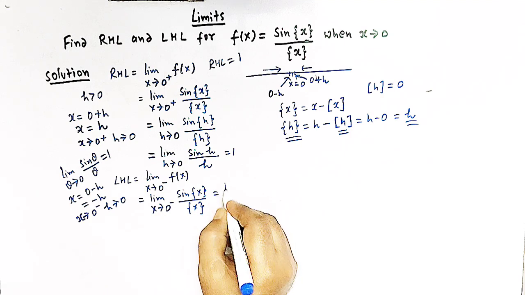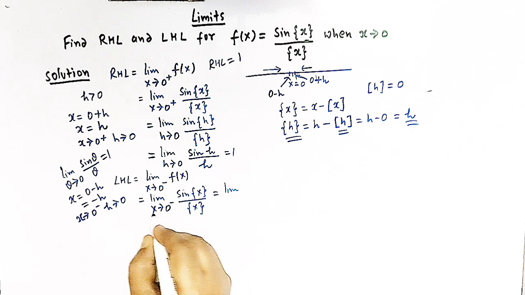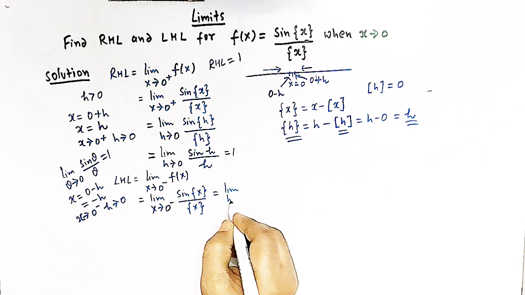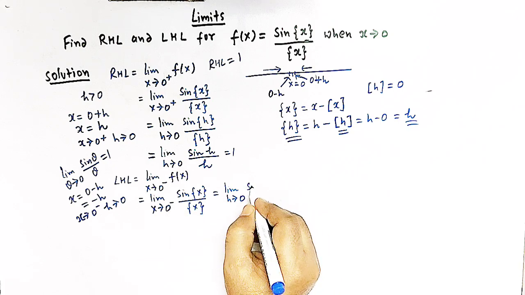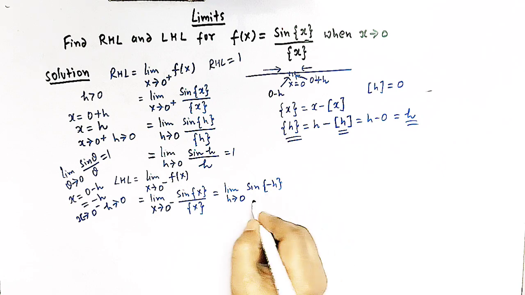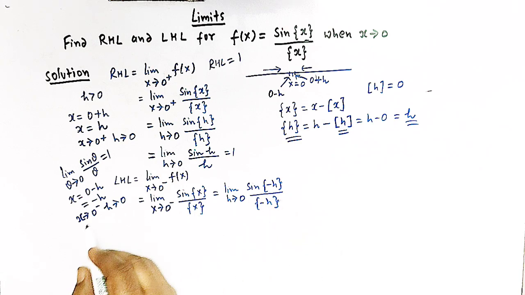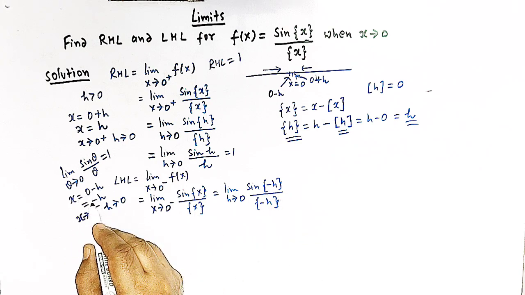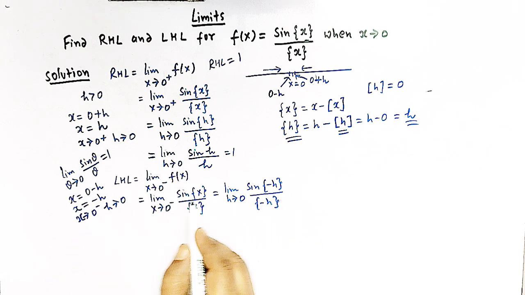So now we can write here limit h tends to 0, and we have sine of fractional part of minus h divided by fractional part of minus h, because here x is 0 minus h, that is minus h. So taking x is equal to minus h.